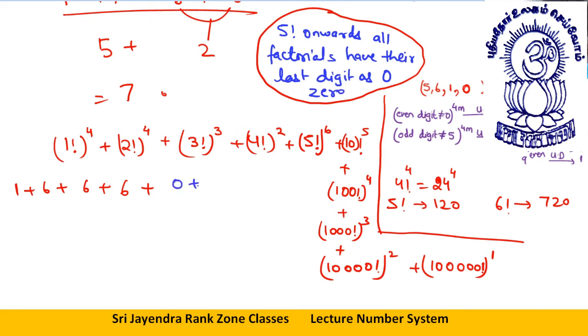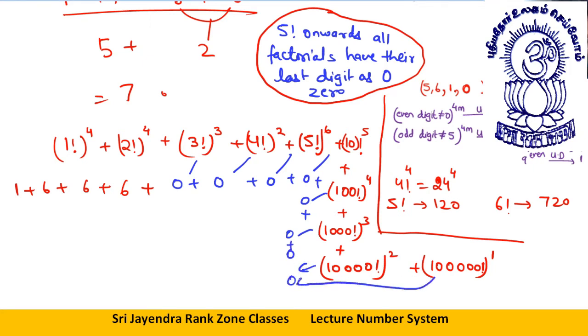So here I will get a 0 for this, 0 for this, 0 for this, 0 for this, 0 for this, 0 for this, 0 for this, 0 for this. So what do we get? 1 plus 18, or that is 19. So 9 is your unit digit.